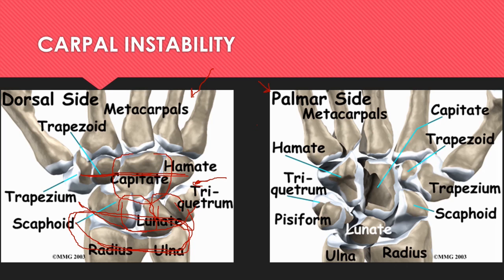Notice on the volar surface, take notice of these white aspects here on each of the carpal bones. Those represent the articular cartilages, articular surfaces on the carpal bones. And you can notice that these articular surfaces form quite a jigsaw puzzle of articulations.